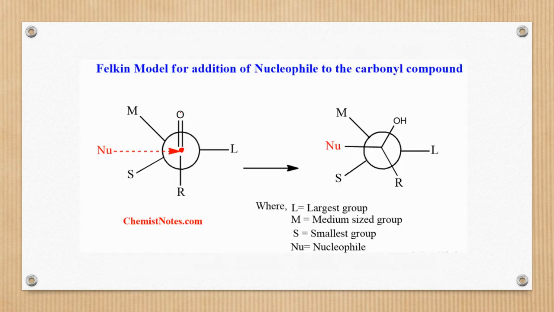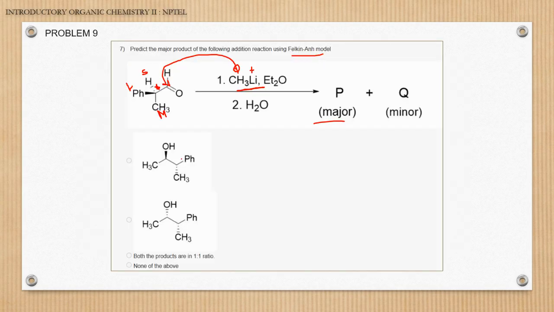Right? And after that, what you have to do? You have to draw the Newman projection in which the carbonyl group carbon is on top. Here this carbonyl has R, which is hydrogen in our case.